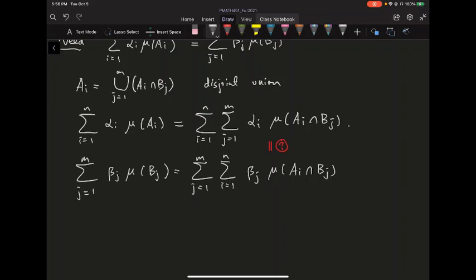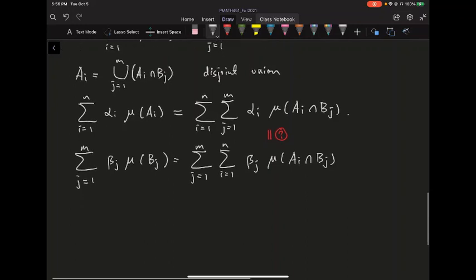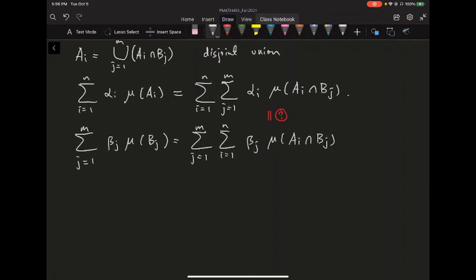You can see this is really just a bunch of linear combinations, a bunch of things multiplied by mu of A_i intersect B_j. This is a double summation. So I just need to show that each of these terms are the same. So why is that? Well, don't forget we have a condition that the summation of alpha_i chi of A_i is equal to the summation of beta_j chi of B_j. This is our condition. They're both equal to this simple function phi.